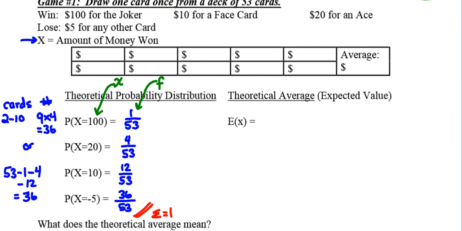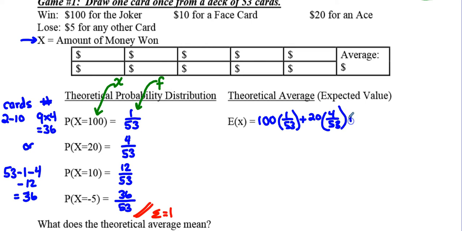But if we were going to write this out to figure out the expected value, which means the average amount of money won, we would start with the first outcome. You can win $100 and you multiply it by its frequency, which is 1 over 53, plus the next outcome, which is 20, multiplied by its frequency, 4 out of 53.